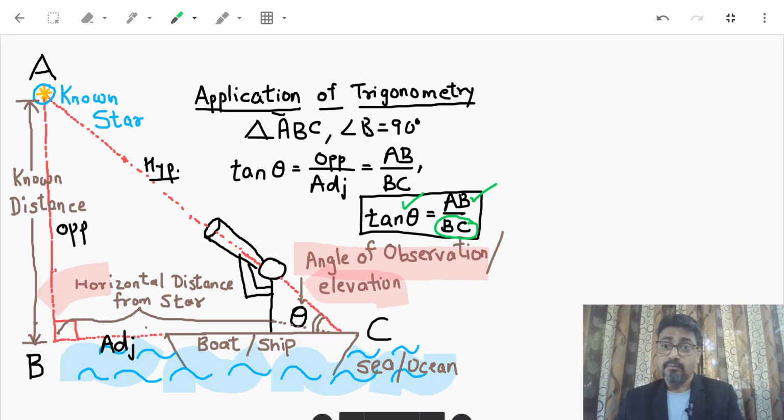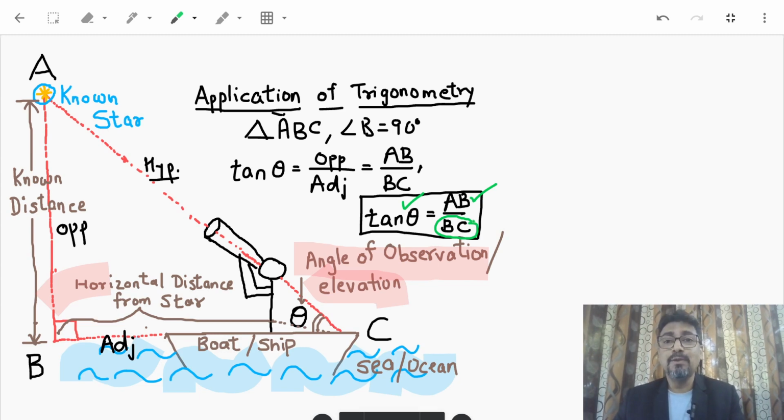So now on the map, the sailor knows how far he has to travel to reach the particular location which falls exactly below the star, and from that, how far the nearest port or land area is, and the direction in which he has to travel.